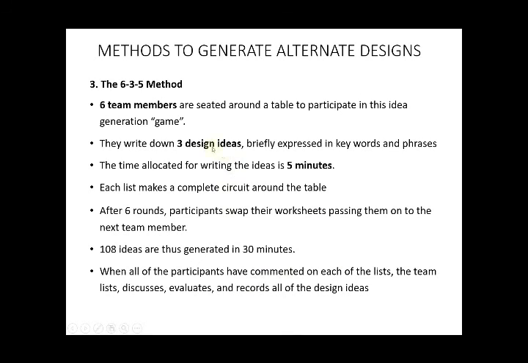They write down 3 design ideas in 5 minutes, and each list makes a complete circuit around the table, and after 6 rounds the method is completed and we get a total of 108 design concepts, generated in 30 minutes because there are 6 rounds and each round lasts for 5 minutes. So in around 30 minutes the process will be completed and we get such a large number of ideas.